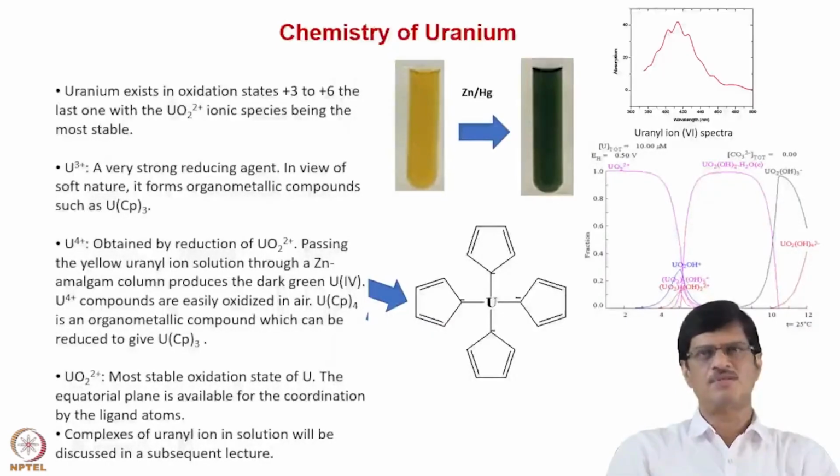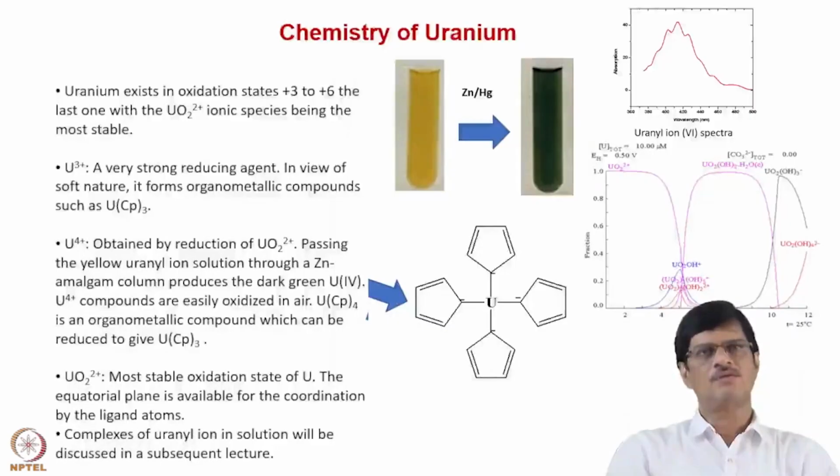Uranium 3+ is a very strong reducing agent because it is not at all stable, and in view of its soft nature, it can form organometallic compounds with ligands like cyclopentadienyl, such as UCp3. This type of complex is reported for uranium.